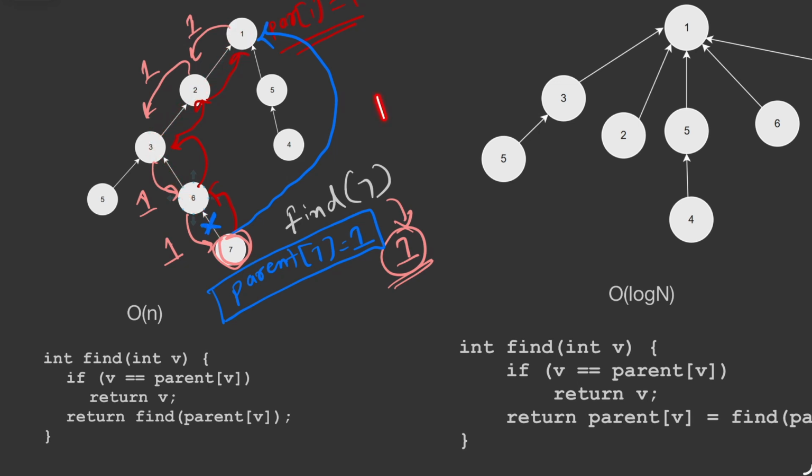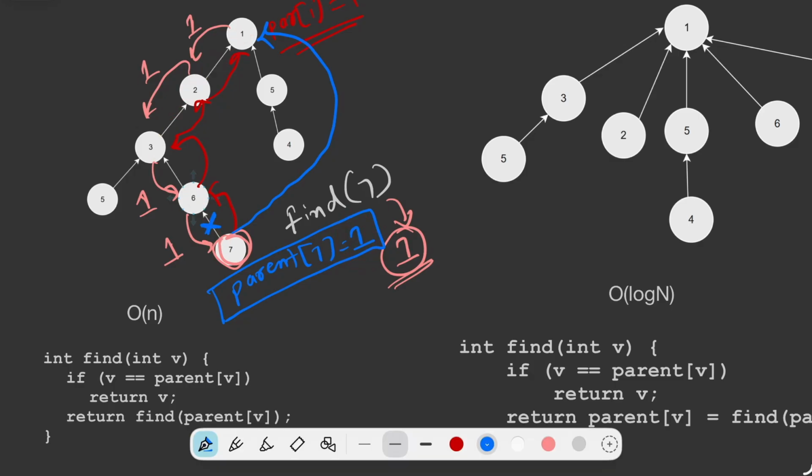Now, if they ask you find 7 again, you are not actually going to travel this entire ancestor chain, because 7 actually knows that the leader or the representative of this set, or the root of this particular tree, is 1. So it has updated the parent value of 7 directly to 1. So it will directly return 1 next time. It's not going to travel this entire ancestor chain. Likewise, while we are returning, 6 also knows that okay, 3 is not the root.